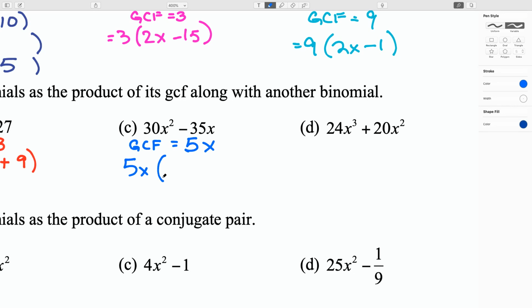So what do we multiply 5x by to get 30x squared? Well, 5 times 6 is 30, and x times x is x squared. So we're going to put 6x minus 5 times 7 is 35, and we don't need to put another x because then we'll get x squared, and we just want 35x.